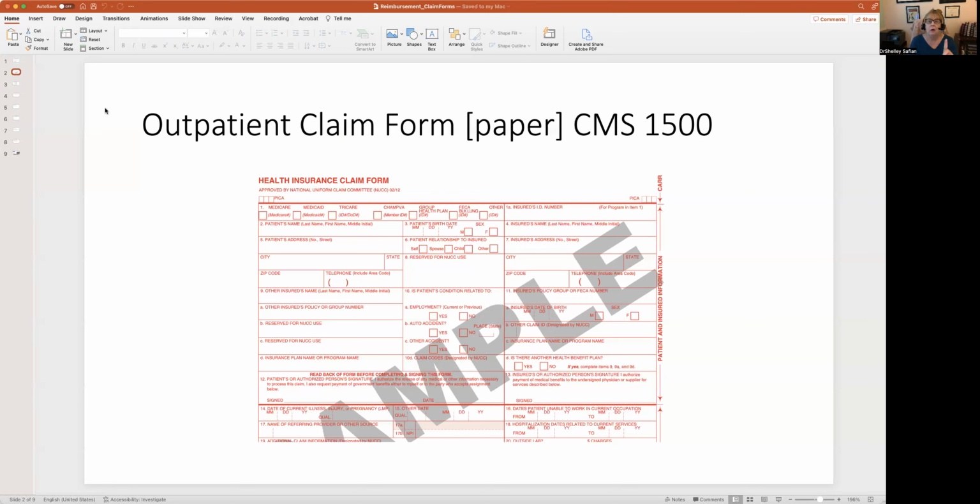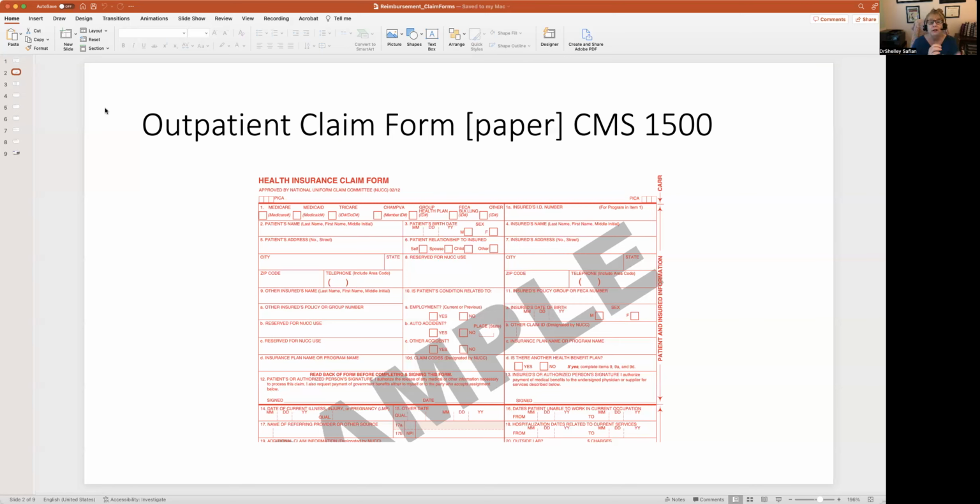Okay? Now, remember that a computer at the third-party payer, because all claims are submitted electronically unless the provider has a waiver, remember that it goes from your computer at work to the computer for the third-party payer. And the computer is very specific. It's either right or it's wrong.